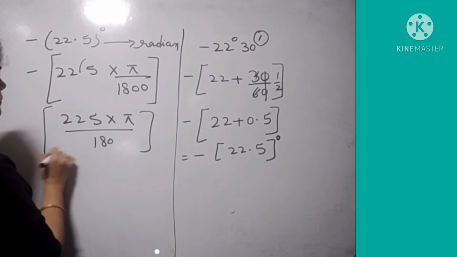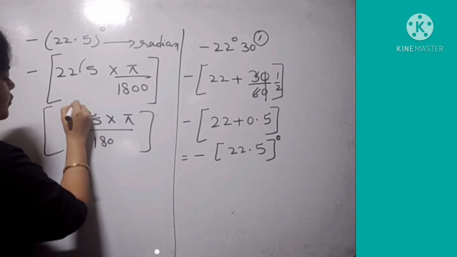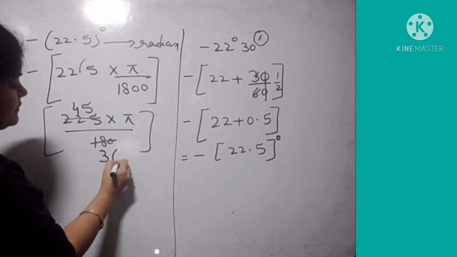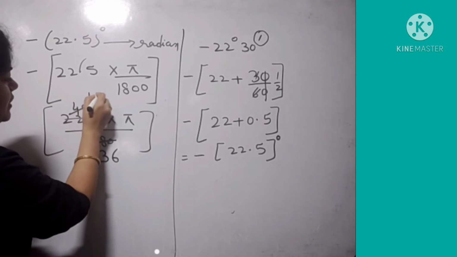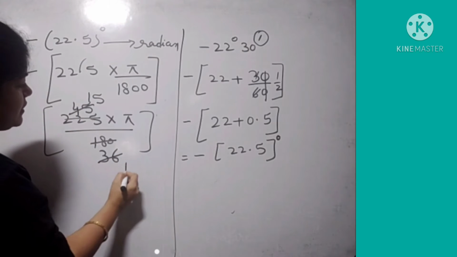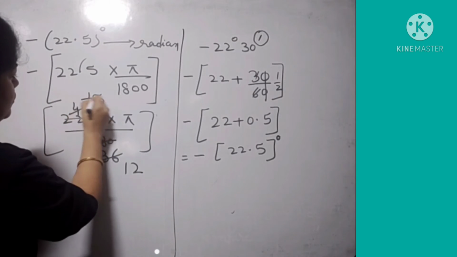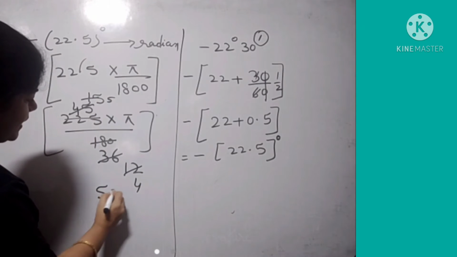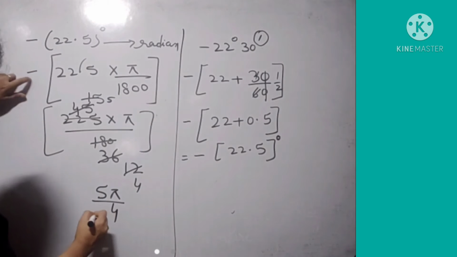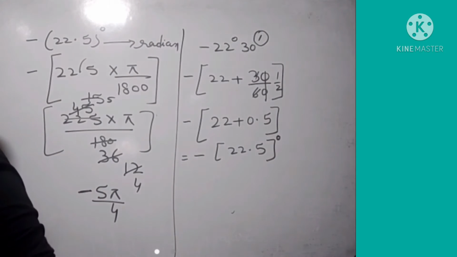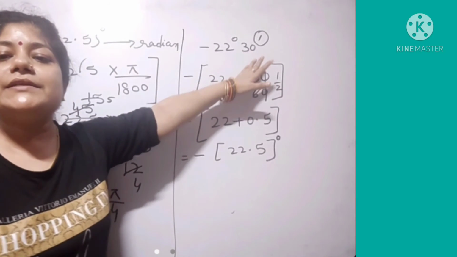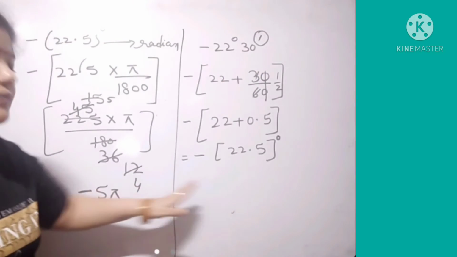Now cancel. 5 4s are 20, 5 5s are 25, 5 3s are 15, 5 6s are 30. 3 1s are 3, 3 5s are 15, 3 1s are 3, 3 2s are 6. Now 3 5s are 15, 3 4s are 12. And we get 5 pi by 4 along with the minus sign. So if the angles are given along with minutes and seconds, we convert them in this way.